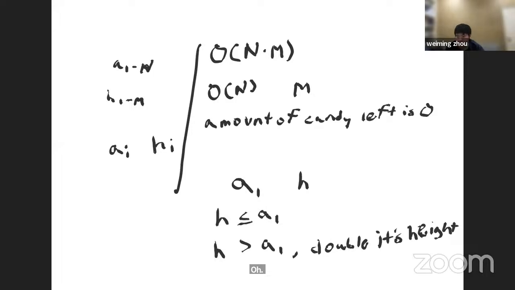So, why this fact that the first cow will double its height matters is that the first cow can't double its height that many times.